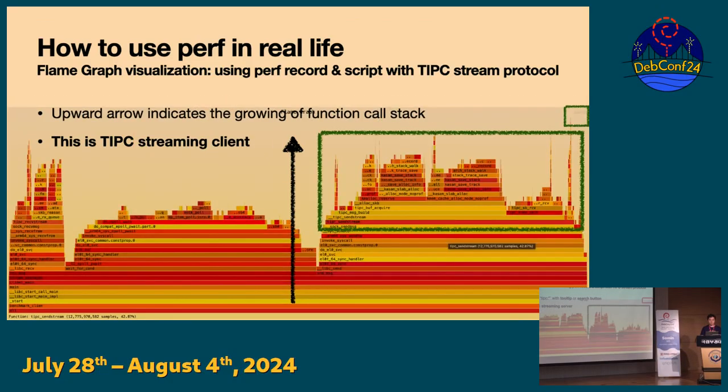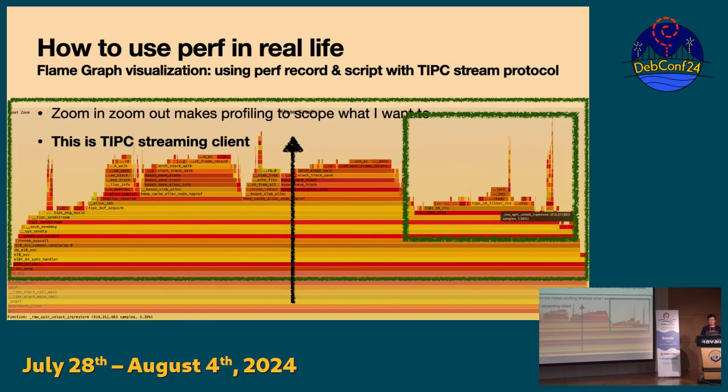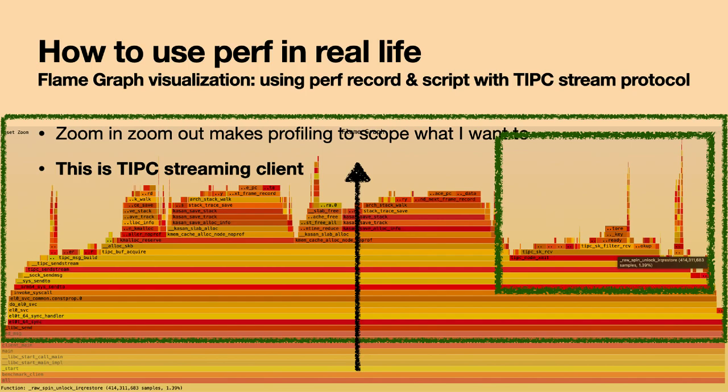So this is a lot of spin-up call stack frames. So we can see many lock spin-lock hits when profiling. If we get insight from this TIPC benchmark scenario, this brings another chance to contribute to the Linux kernel.